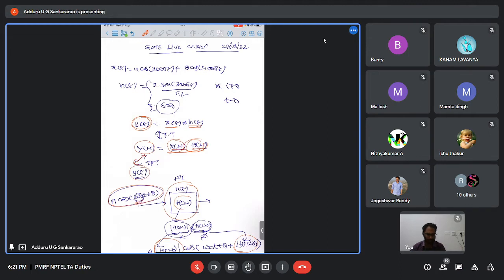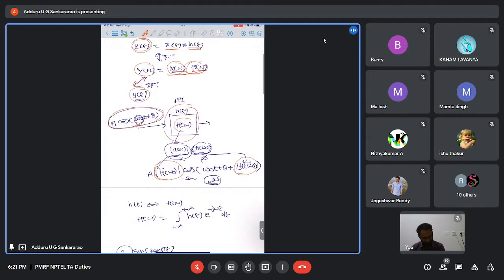Or, for the very standard case of cos, sine, or e power j omega, that means sinusoids and complex sinusoids, if they are passing through some LTI system or filter, the shape will be retained as it is, only the magnitude will be scaled by this, and some phase will be added. That's why we are finding H of omega.